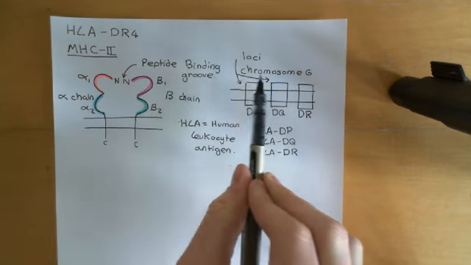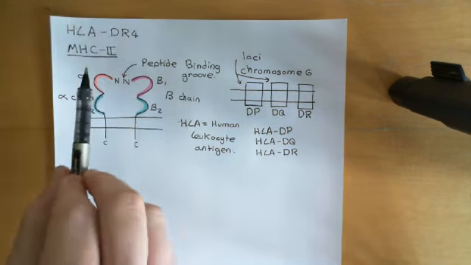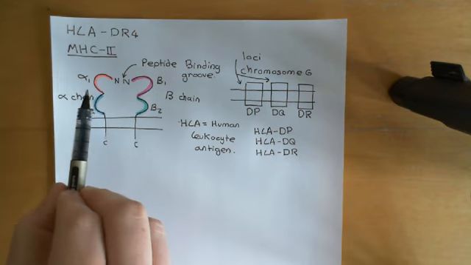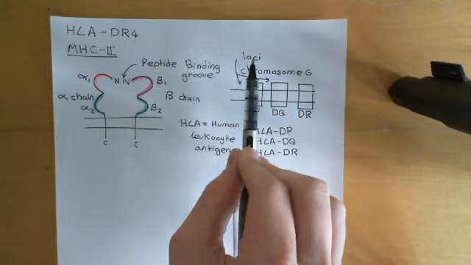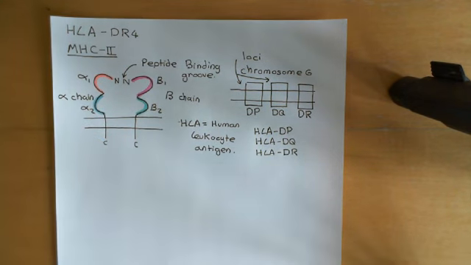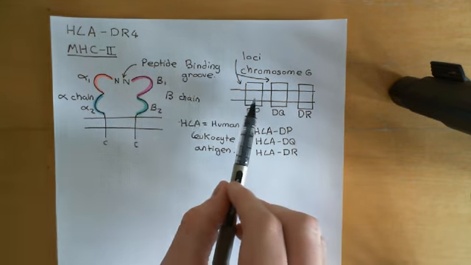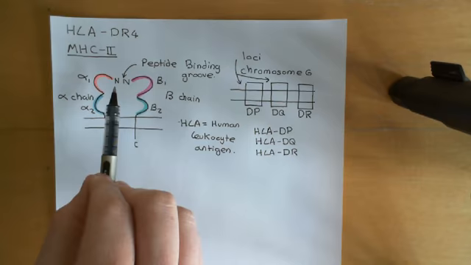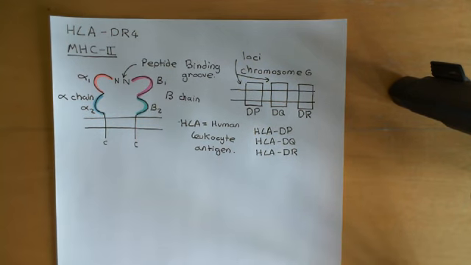And in each one of these areas, or loci, you are going to have genes for alpha subunits or alpha chains of MHC class 2 molecules and beta chains. So in the HLA-DP locus, you will have genes for alpha chains and beta chains. Okay, and if you use those genes in this region to produce an MHC class 2 molecule, that MHC class 2 molecule will be an HLA-DP type MHC class 2 molecule.